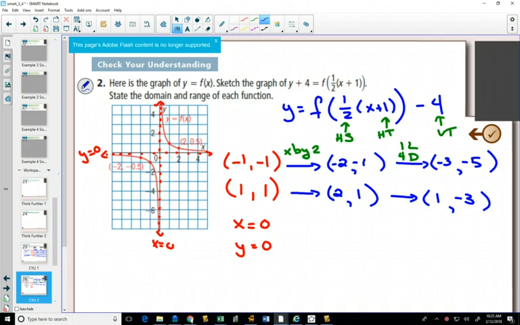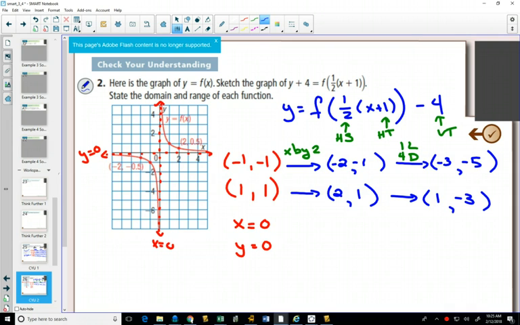Finally, we need to figure out where our asymptotes are going to go. The nice thing on the rational graph with x equals 0 and y equals 0, when you multiply x or y by anything, can you see that it's going to stay 0? So the only thing that's going to affect your asymptotes is whether things are moved left or right or up and down.